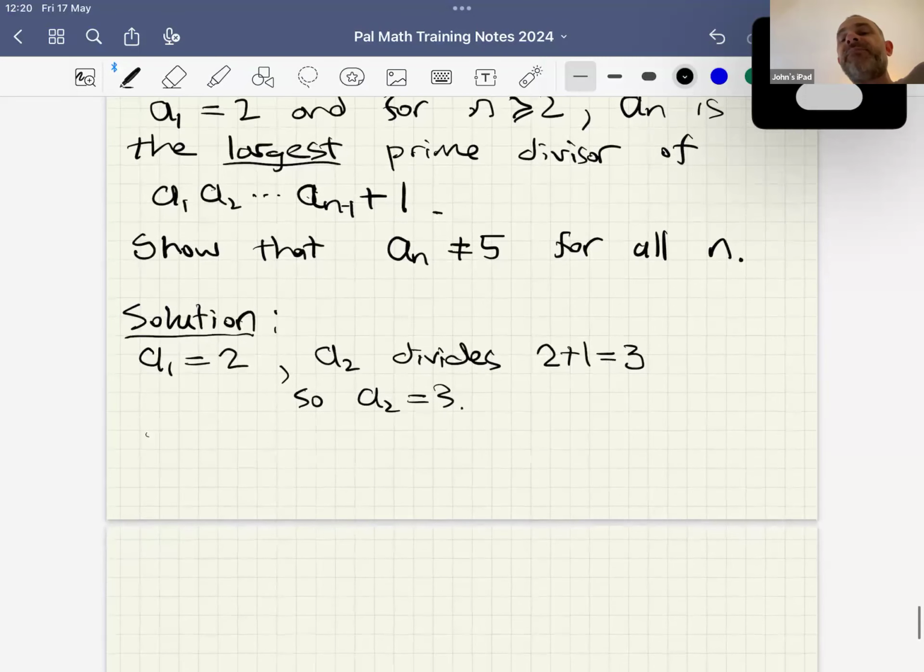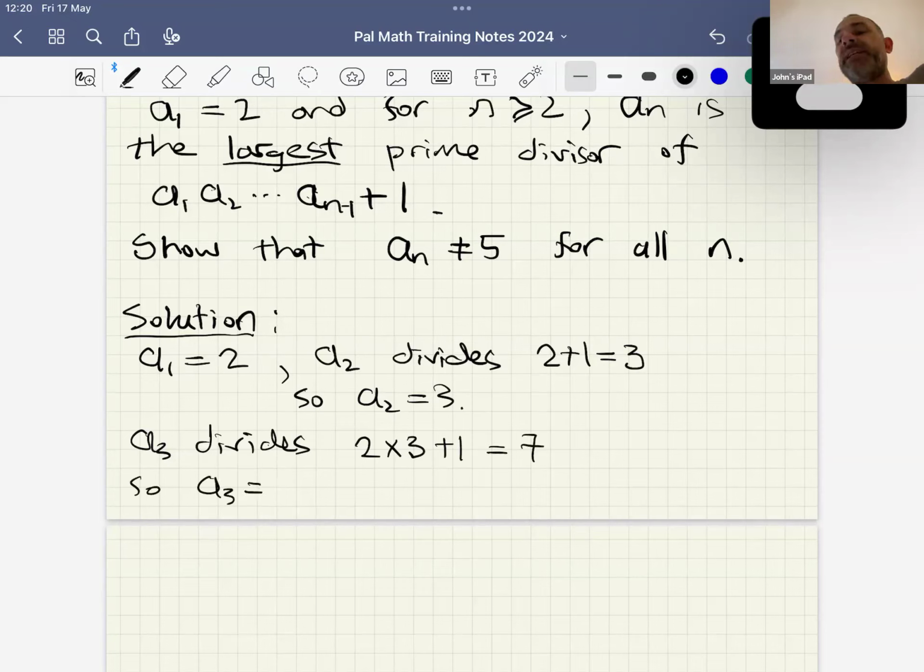What about A3? A3 divides A1 times A2 plus 1, which is 7, prime. So A3 equals 7. You'll notice that we've got 2, 3, but we've skipped 5. We've gone on to 7.